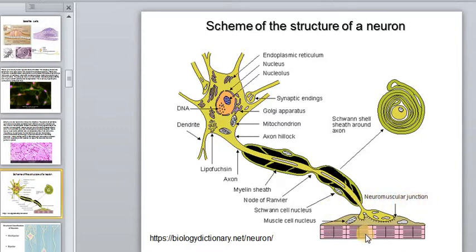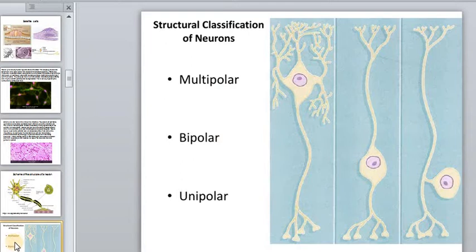You know this information from the previous practical class, and if not, you just watch this video. Next slide about structural classification of neurons. Neuron categories or neuron types can be split into 5 groups.